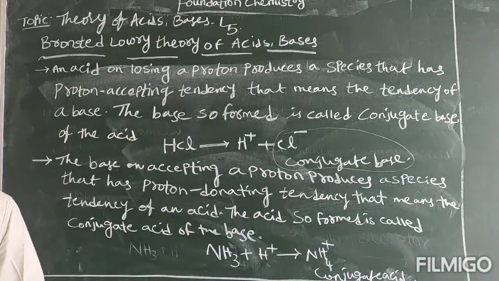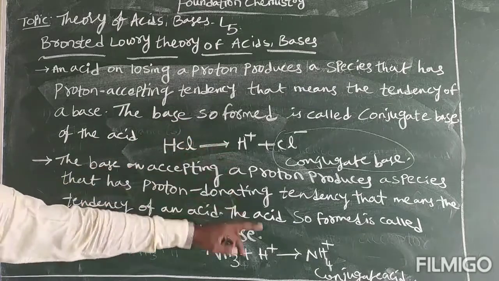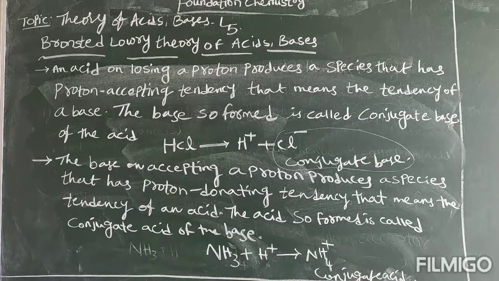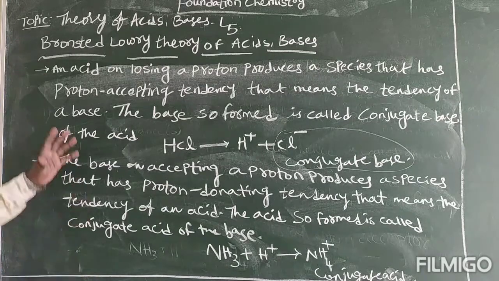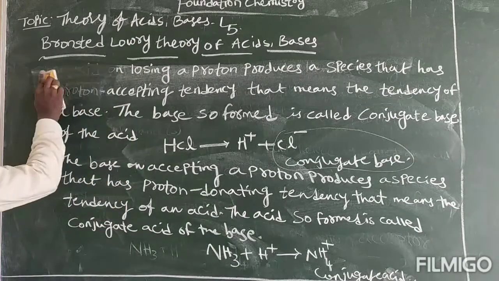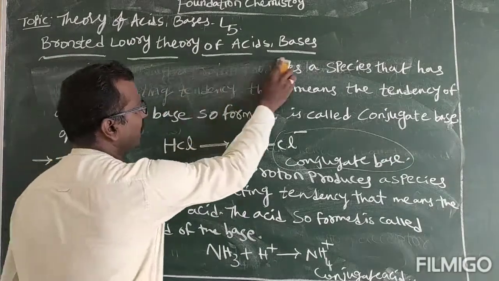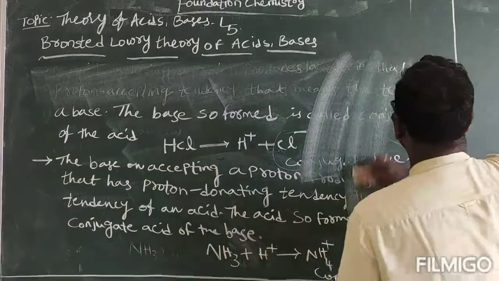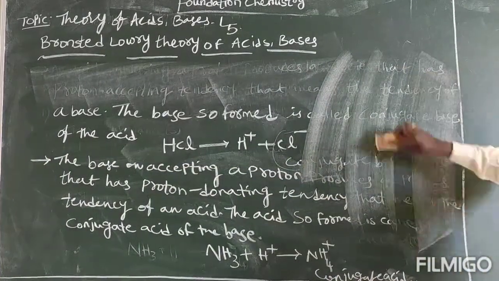That is called the conjugate base and conjugate acid respectively. Next we will have the definition of neutralization. According to the Bronsted theory of acids and bases, we will see what neutralization is.